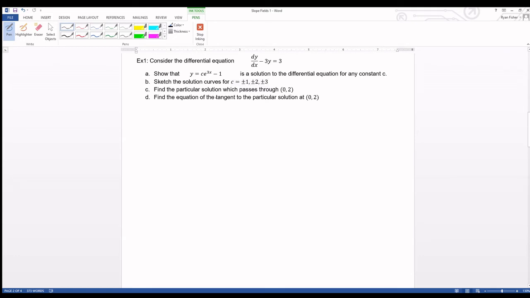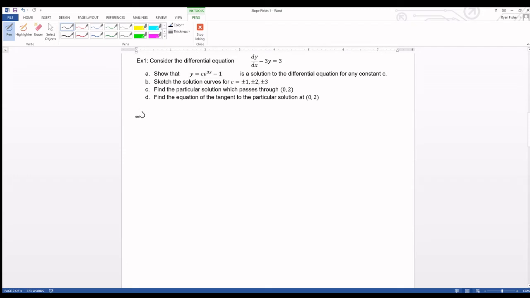The easiest way, if you have a proposed solution, is to substitute this solution into the differential equation and show that the differential equation itself is balanced. So if I know this proposed solution y, then something I can definitely do is find its derivative.